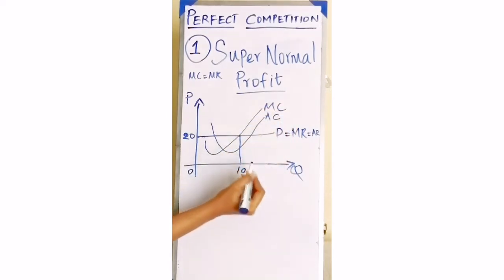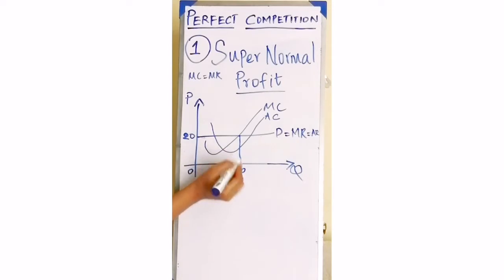So we have AC. We found that the number of units to be sold is 10. At the point where units sold is 10, we find where AC cuts there. Here we found that this could be around 15.